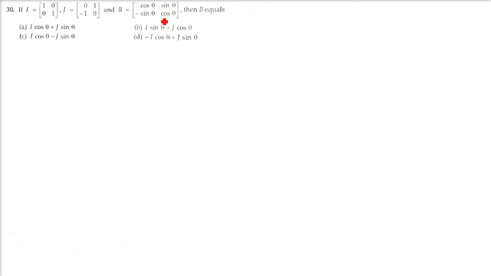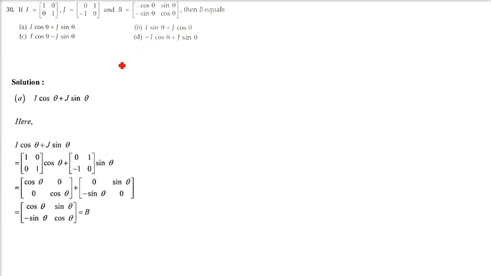I, J and B. So I and J have to be placed in all of these options, and then you see when B is coming. So you have to start with option A. Put I as 1 0 0 1, J as 0 1 minus 1 0 in the first equation here.